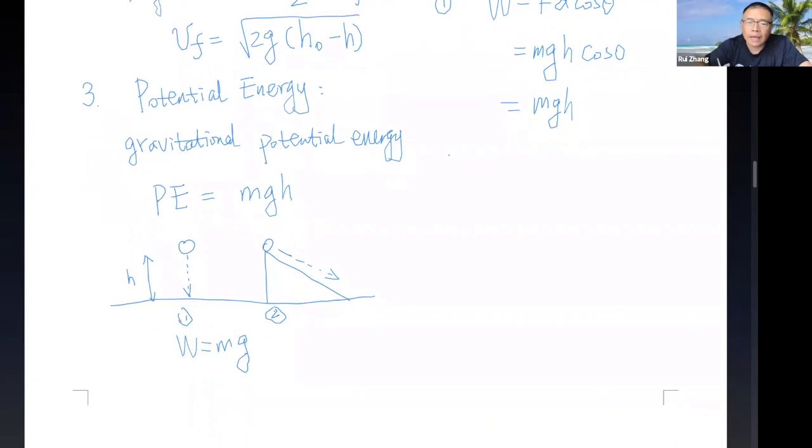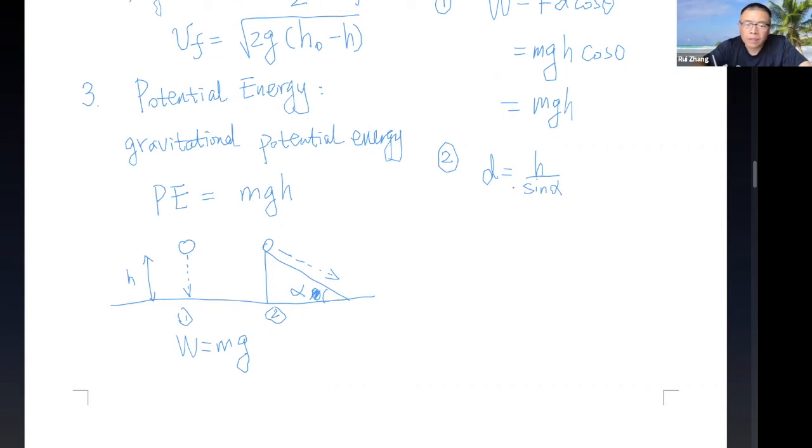Well, in the second case, it's a little more complicated because the distance going along is not h. Let's call this angle alpha. Using trigonometry, the distance in the second case is going to be h divided by sine alpha, because sine alpha equals h over d.